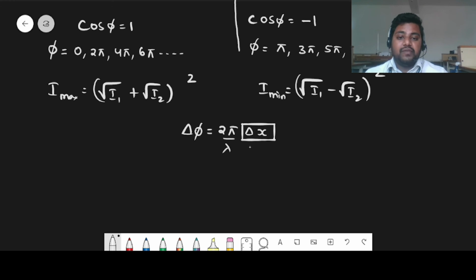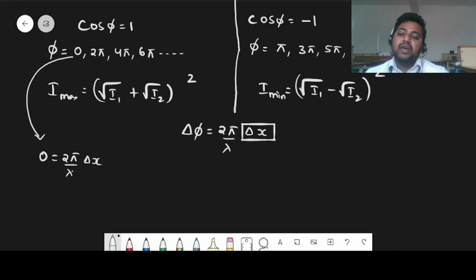What path difference will bring out a constructive interference, and what path difference will bring out a destructive interference can also be analyzed here. If you take 0 as your initial angle, 0 is equal to 2 pi by lambda into delta x, resulting in delta x being 0. So if the path difference between those two waves is 0, there is no path difference, and there will be a constructive interference between those two waves.